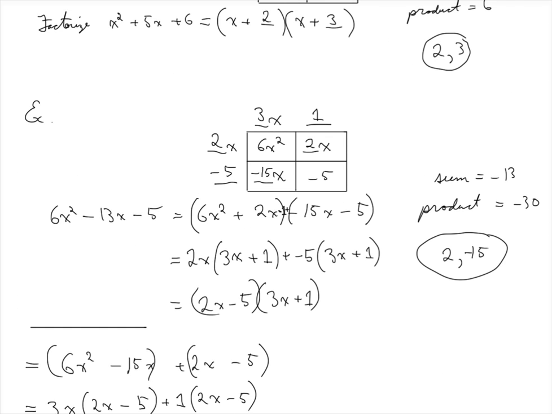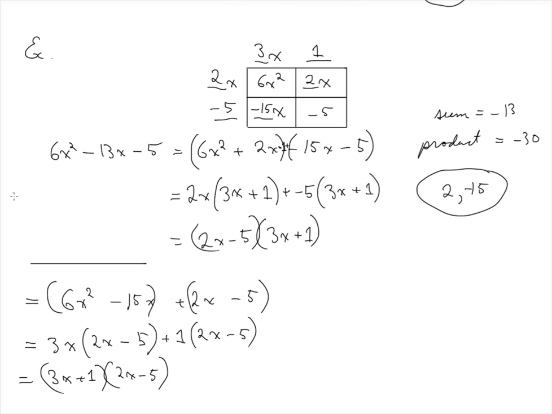Let's go back to that example we had right here. So D is equal to the middle number squared, so minus 13 squared, minus 4 times the first number times the last number.